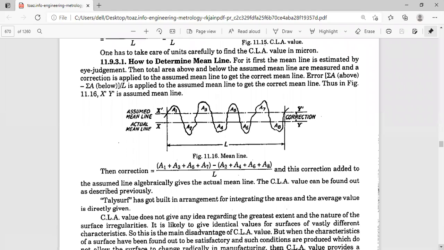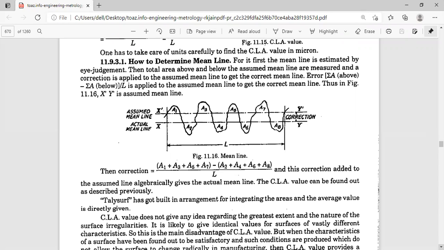The Taylor-Hobson Talysurf has a built-in arrangement. That's why I told you that instrument is very advantageous compared to the Tomlinson surface meter, because it has a built-in arrangement for integrating the areas.